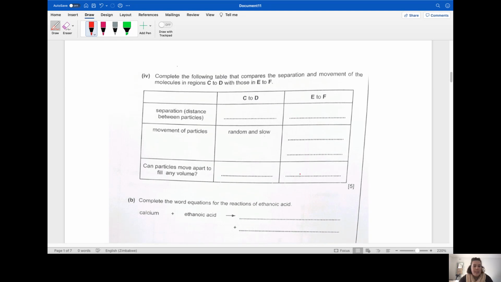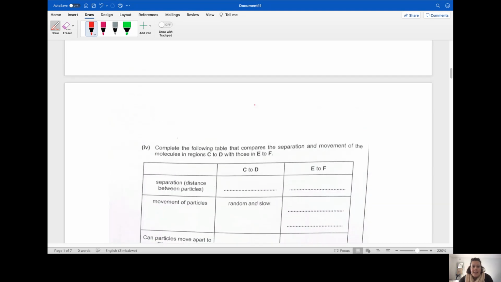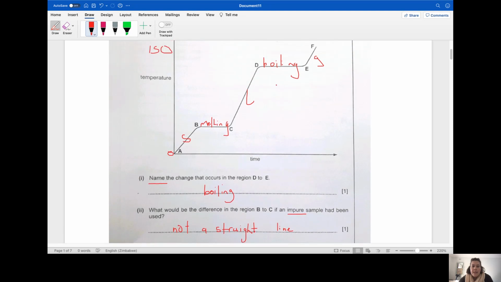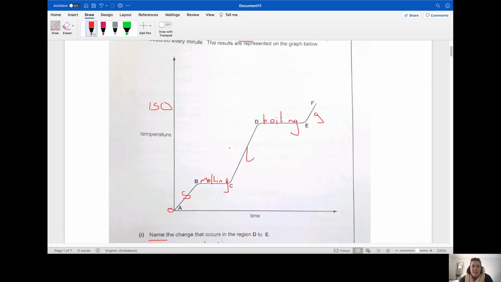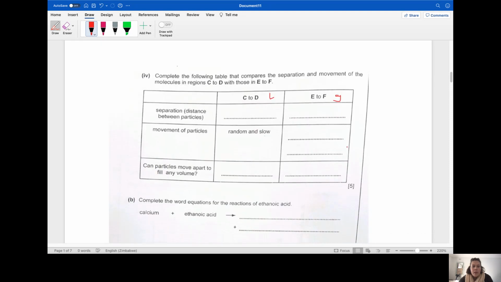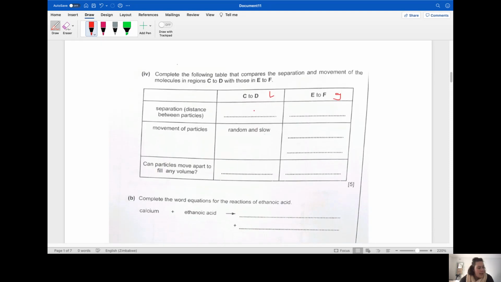Complete the following table to compare the separation and movement of the molecules in the regions C to D and E to F. So C to D is a liquid, E to F is a gas. Okay, so here we are looking at a liquid, here we are looking at a gas. Okay, so the separation in a liquid, okay, they are still close together.